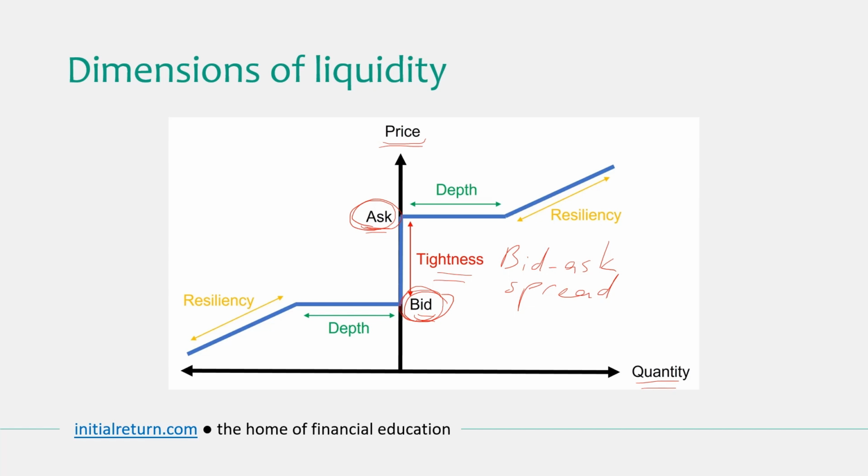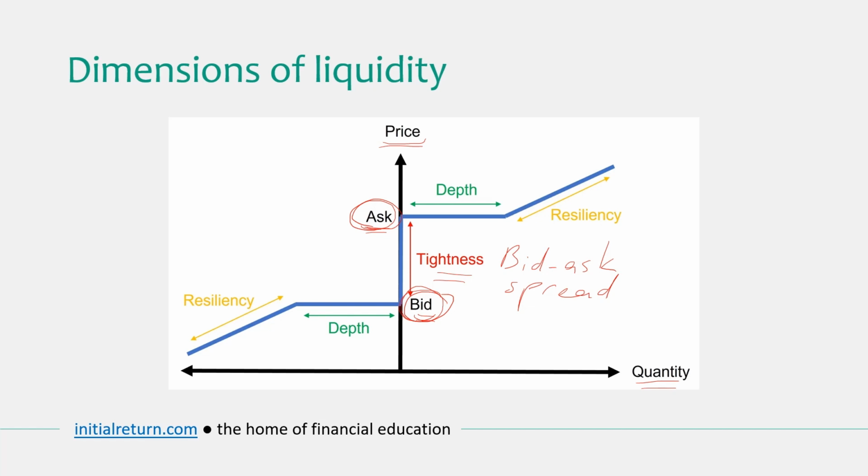The second dimension of liquidity is depth. This is all about the quantities available at each price level, and of particular importance are, of course, the lowest ask and highest bid. So the more quantity available at that price, the better, because it means that larger market orders can be absorbed without having a price impact.